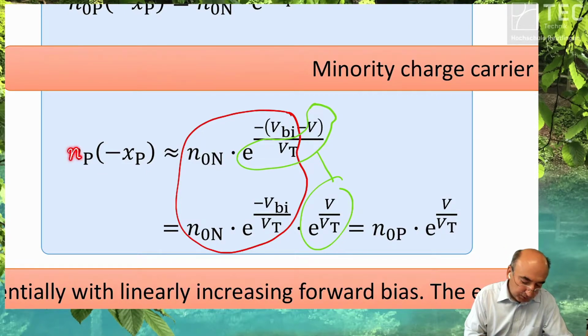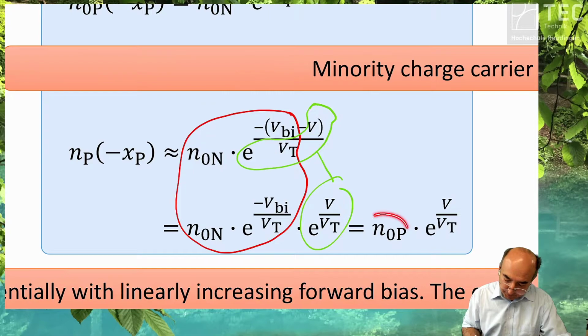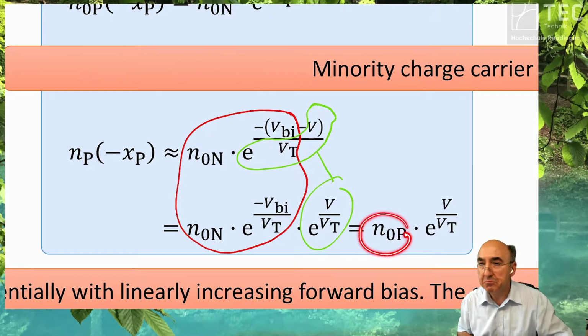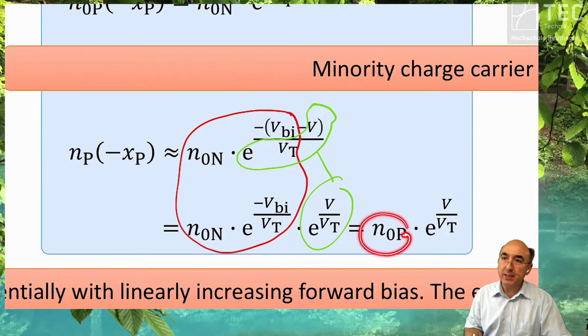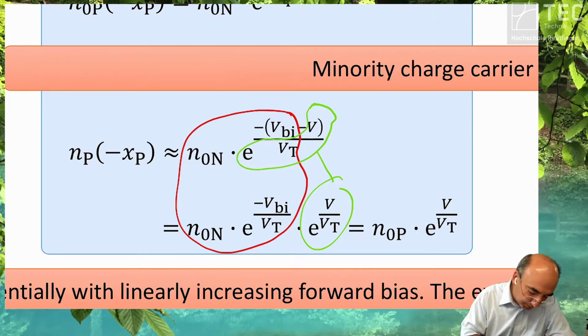The electrons in the p zone at the space charge region boundary is referred to the equilibrium value, minority carrier concentration, times e to the power of voltage you apply. And this is the important point.